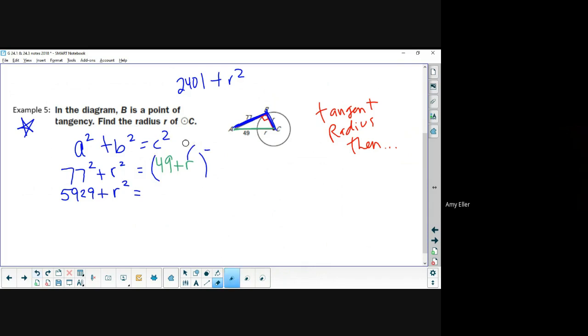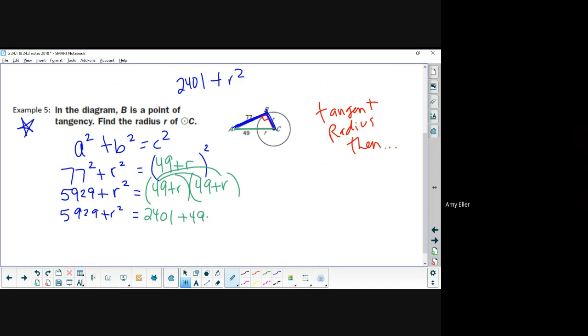Let me show you how to do it the correct way. Remember, squared means times itself. So please write this times itself. I'm just going to recopy this again. Now let's distribute over here. Go ahead, 49 times 49. 49 times r.